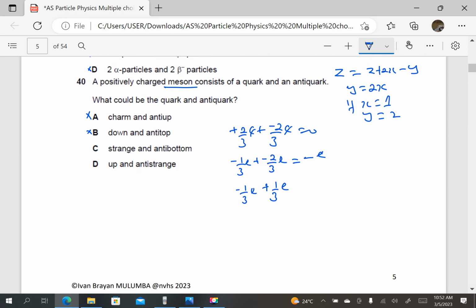For those who may not have seen this, let me write the charges here for each of these quarks. Up, charm, top. Then up is down, charm is strange, opposite, top is bottom. All these ones have charge of positive 2 over 3e. And all these ones have charge of negative 1 over 3e.